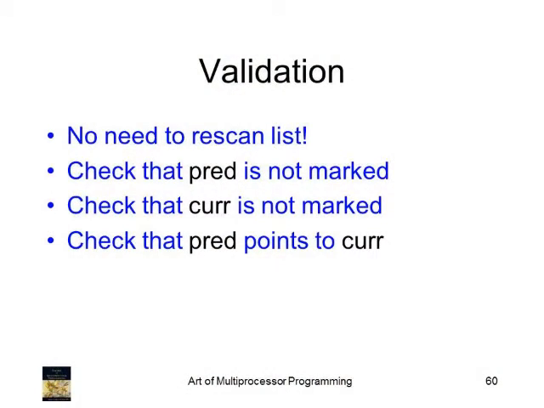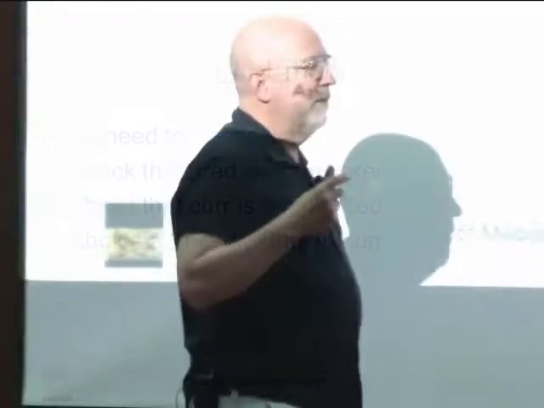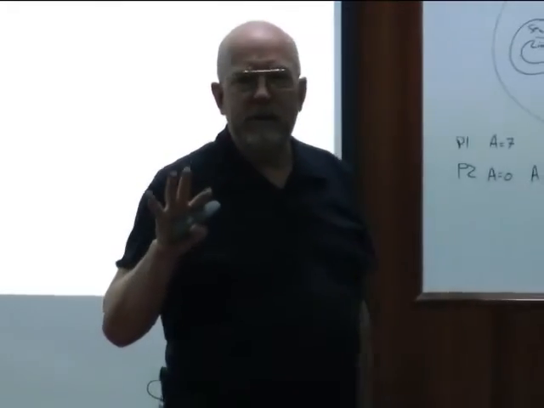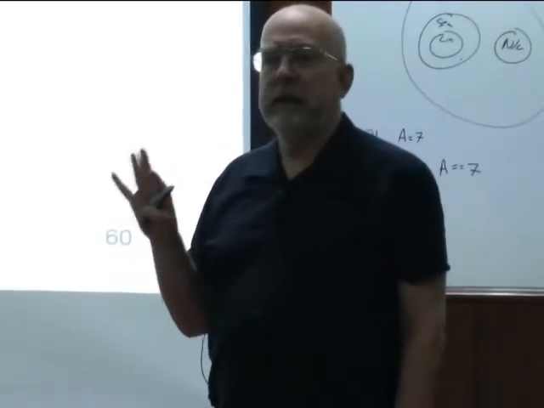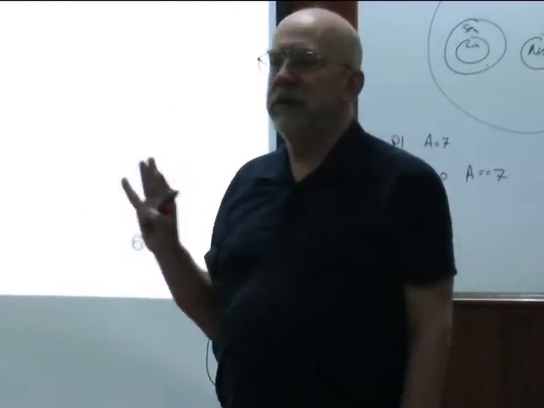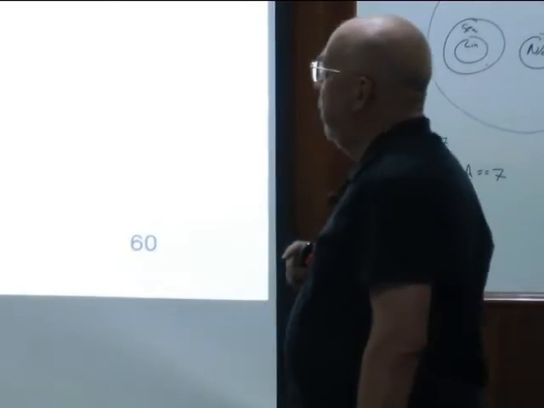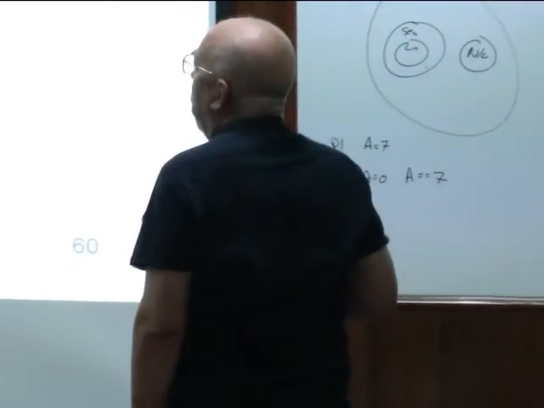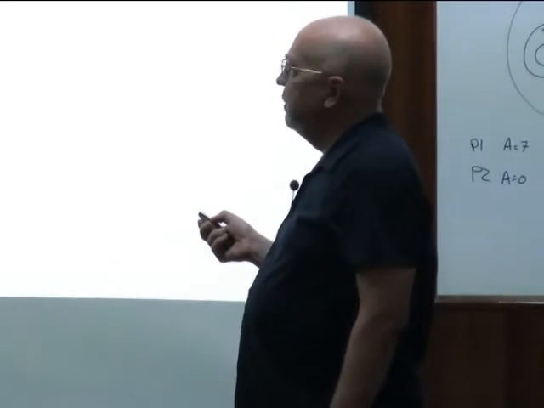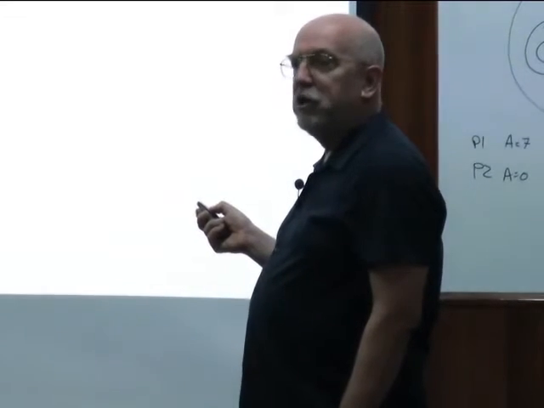When we find the node that we want, we still have to acquire 2 locks. Now, for validation, we can skip the expensive part. Remember, in validation, we had this problem that we locked a node, but we don't know whether it's still there. Someone might have already deleted it. So we had to scan from the beginning again to see whether we could reach that node. Here, we don't have to do that. All we have to do is we take the predecessor, which we've locked, and we check that it's not marked. It's not logically deleted.